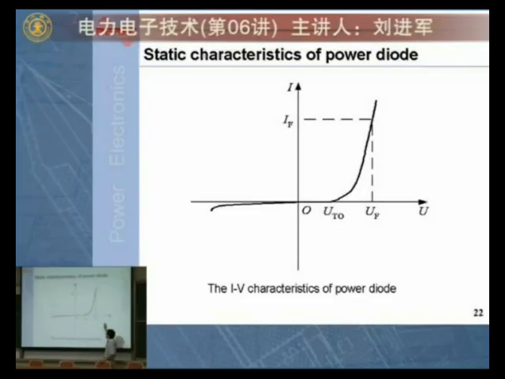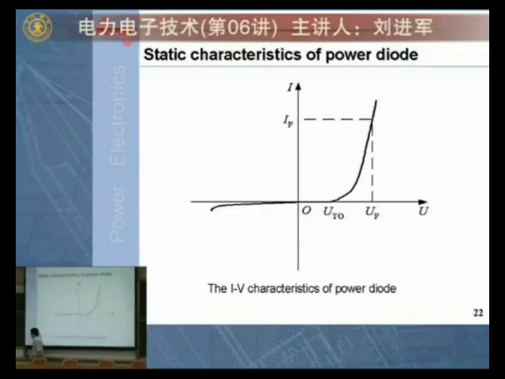When this forward voltage is large enough, then the width of the space charge region will be reduced to a certain limit. Therefore, you allow a very quick increase of current to flow through this diode. When you apply negative voltage, usually there's no current or very small leakage current.